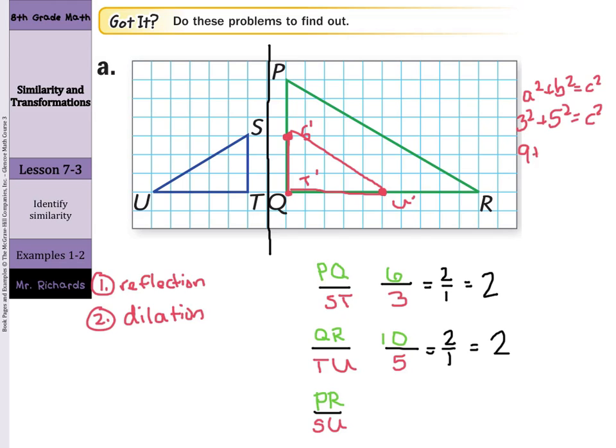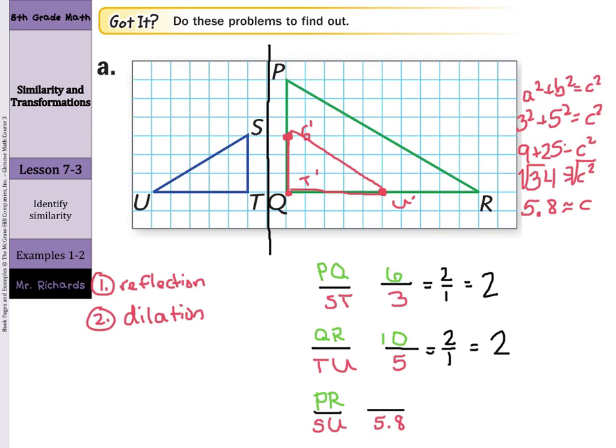So 9 plus 25 needs to equal c squared. That is 34 needs to equal c squared, and if you take the square root of both sides, you'll get about, and we'll round here, 5 and 8/10. So our SU is 5 and 8/10.